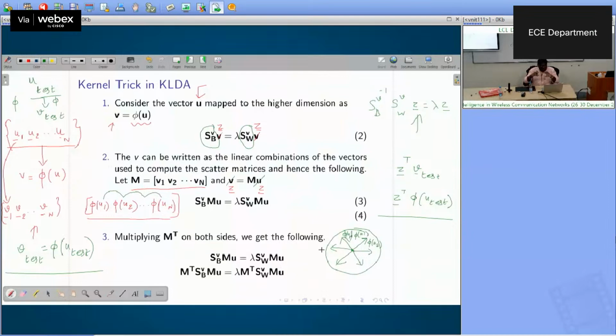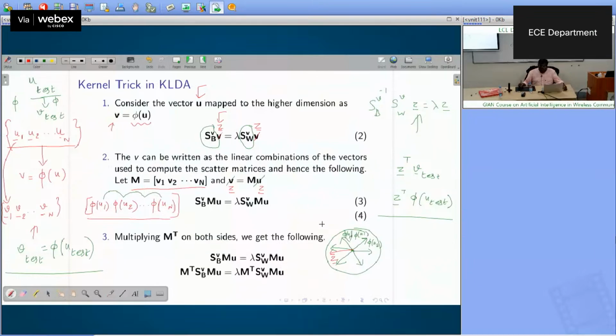The linear combination of these vectors forms the vector space; this is a spanning set. The claim is that this eigenvector Z lies in this space. Intuitively we can also understand this, right?